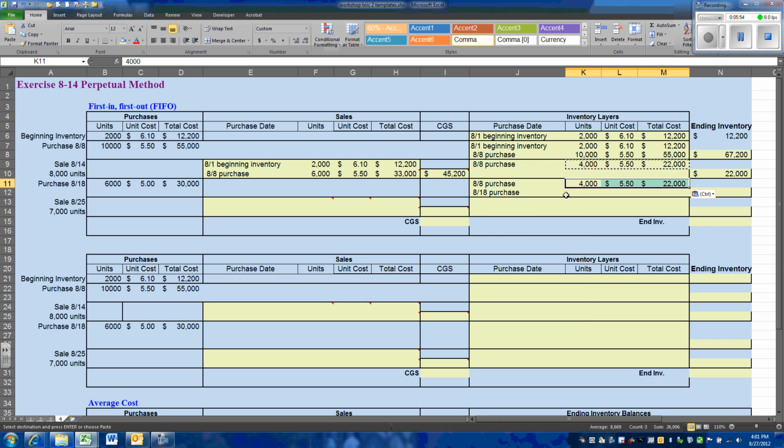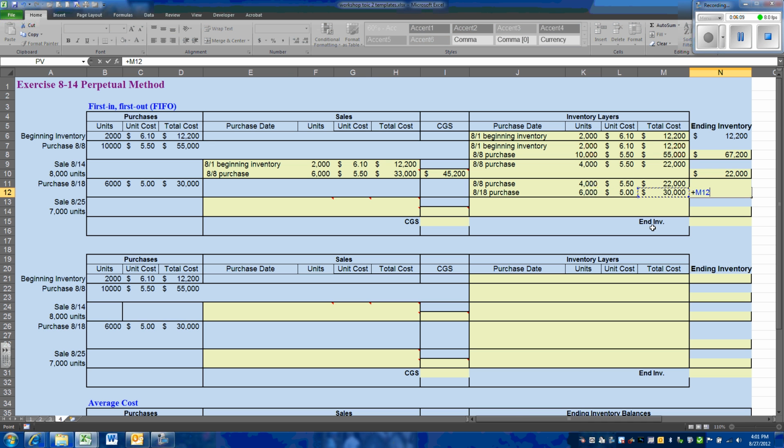So we bring down the August 8th figure and we add in a purchase of 6,000 units at $5 each for a total of $30,000, and our new ending inventory is going to be $52,000.